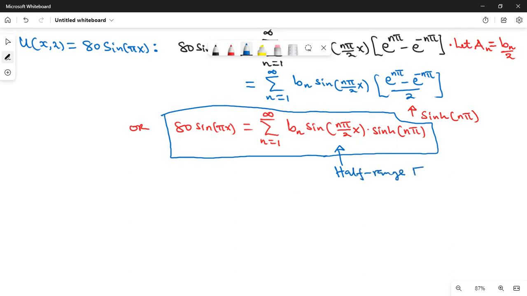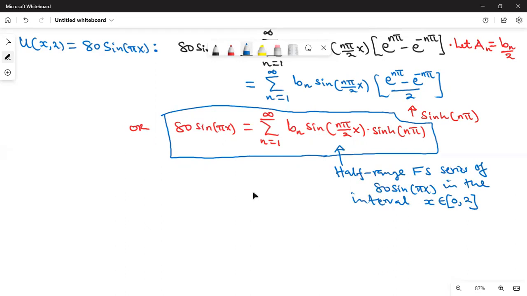Let me use Fs to mean Fourier sine series of the function 80 sine pi x in the interval x belonging to the interval 0 to 2. That was the domain from 0 to 2.